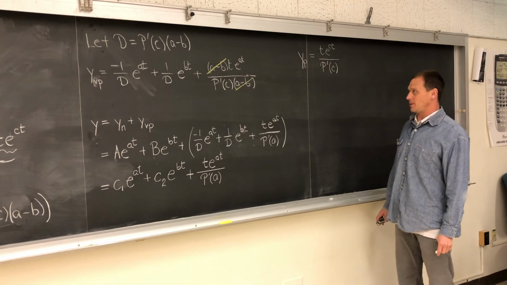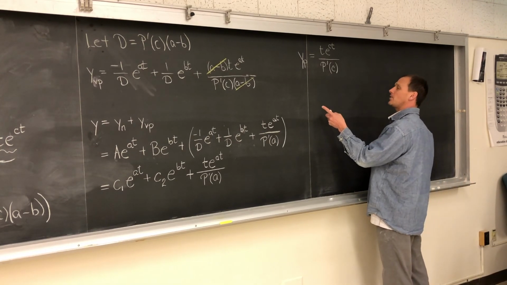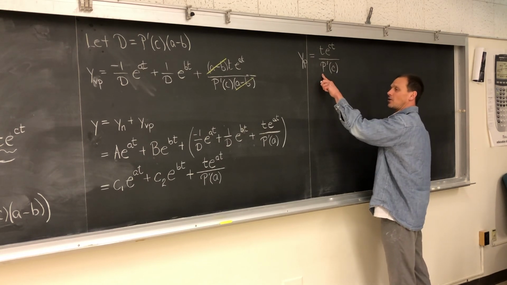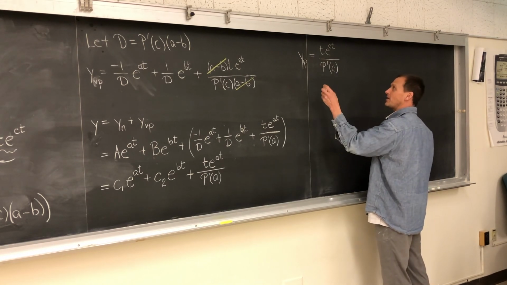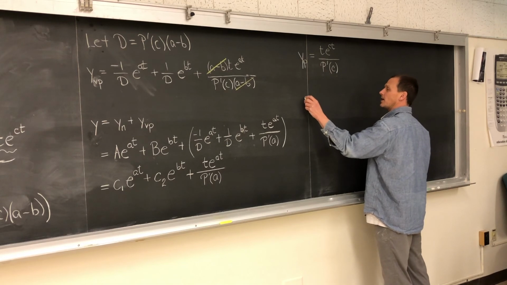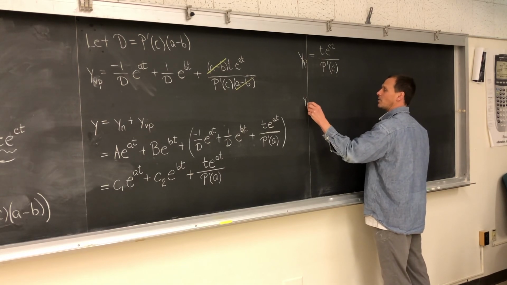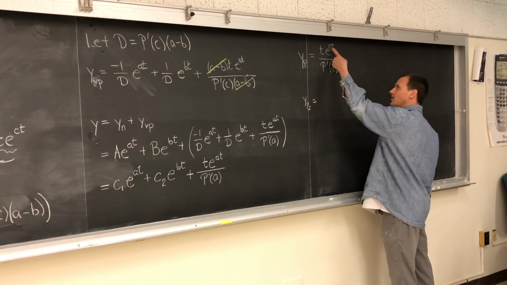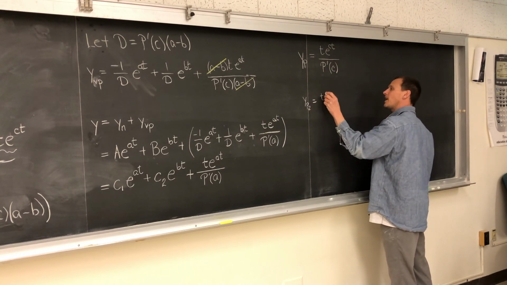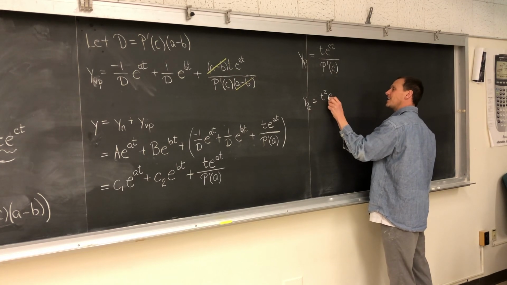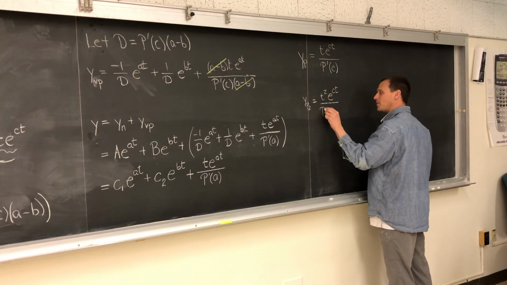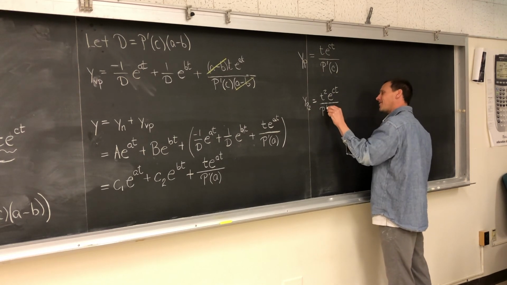This doesn't normally happen, but suppose that you had repeated resonance, meaning this solution was already one of the roots. You could have another solution. We'll call it y particular 2. Well, if you had another c, another repeated root, you'd have t squared e to the ct over, you take the derivative of the derivative, p double prime of c.